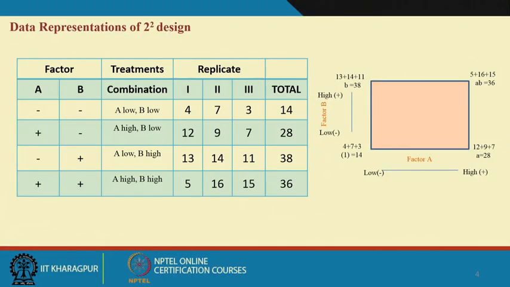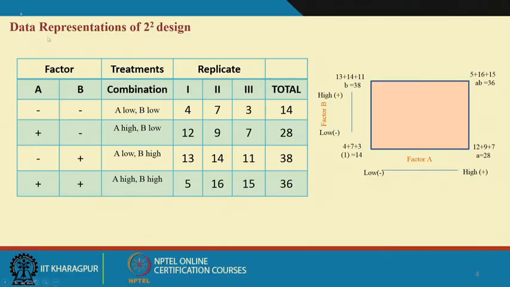So, let us now understand the effect parameter calculations with reference to a 2 to the power 2 factorial design, which is the simplest case of 2 to the power k factorial design. Okay. So, we will do this kind of tabulation. There are two factors, A and B. Now, each has two levels, minus and plus.